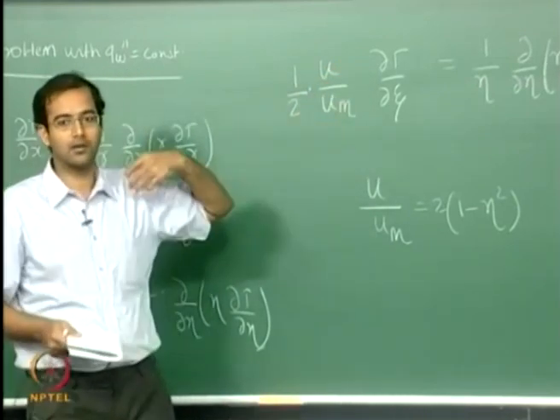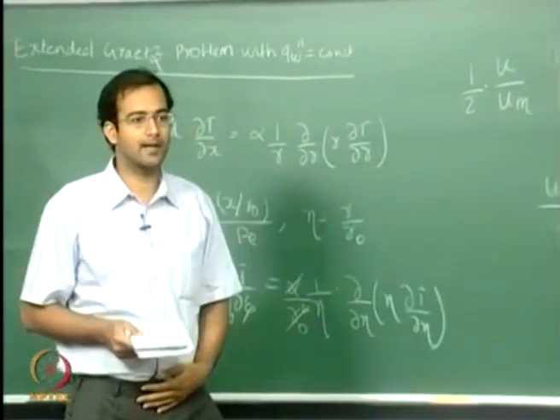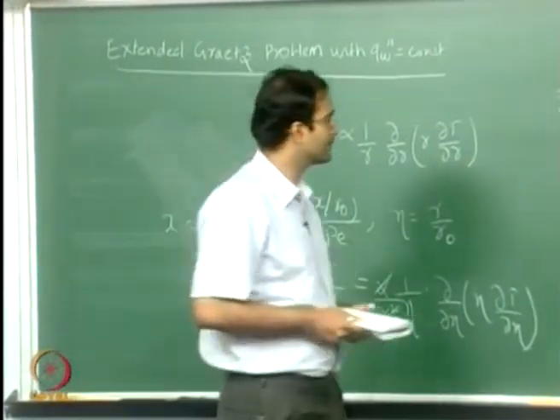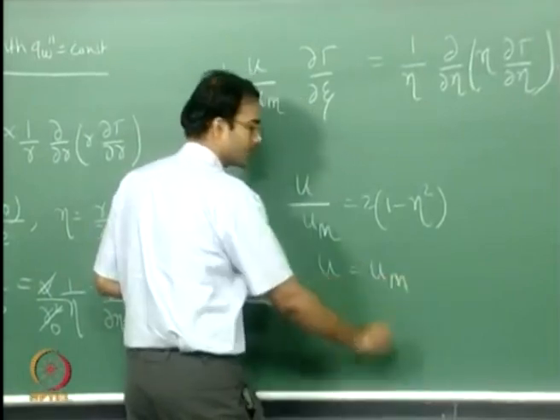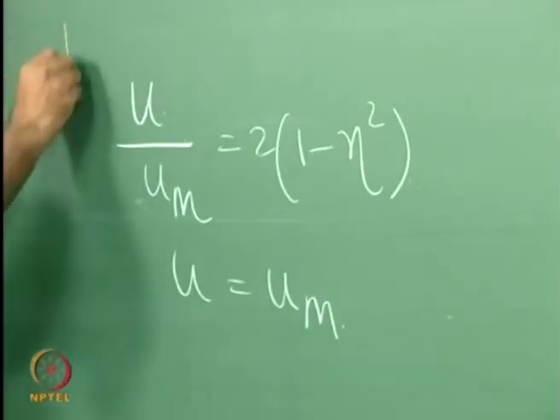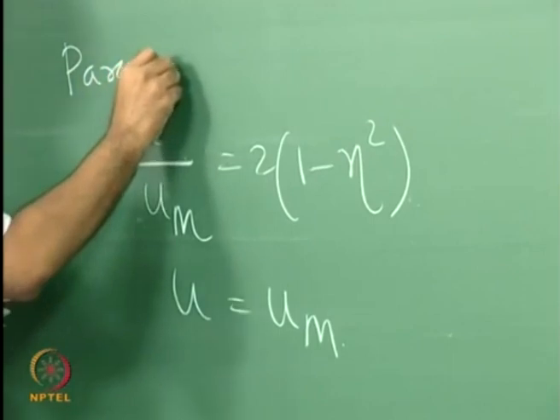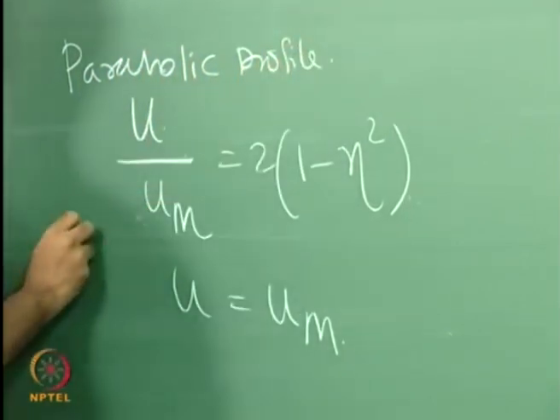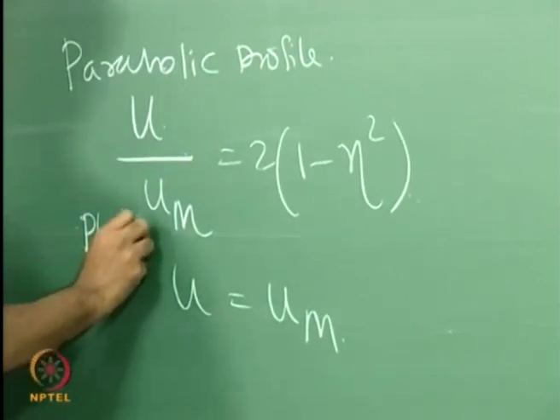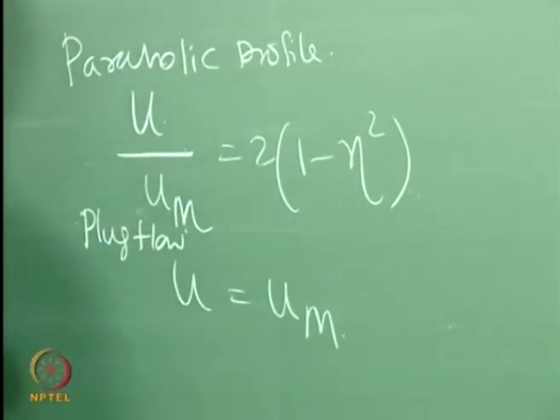Okay. However, if you want to go with the classical, how Graetz started with a plug flow, then you can say that your u is equal to um. So this is for a parabolic profile, and this is your plug flow or slug flow, whatever you want to.